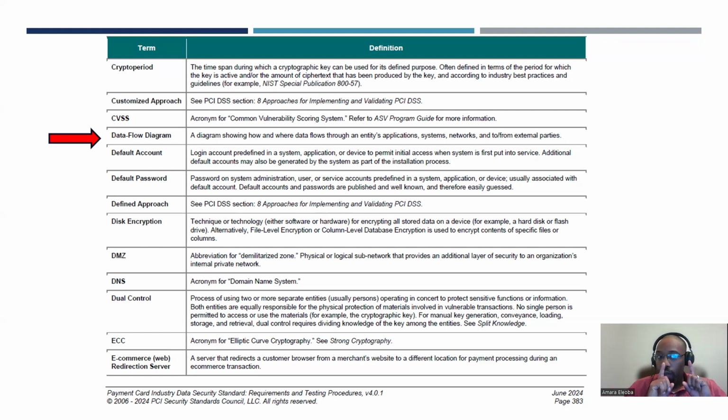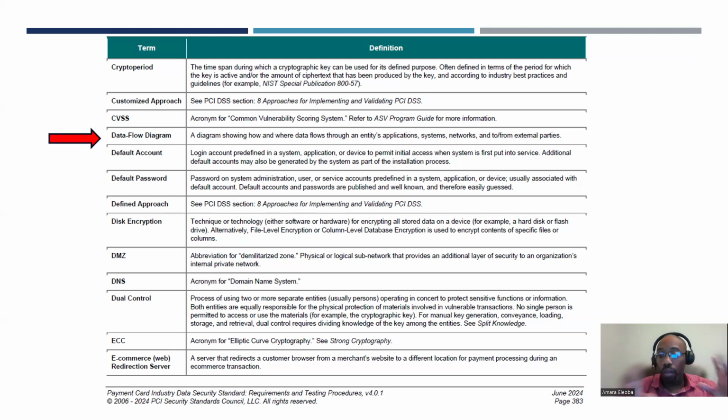Now, I heard this somewhere, which is a very good way to do this. Your data flow diagram should show how money flows within the organization. So from accepting the credit card to, let's say, recharge or settlement, authorization, that data flow diagram should show that.